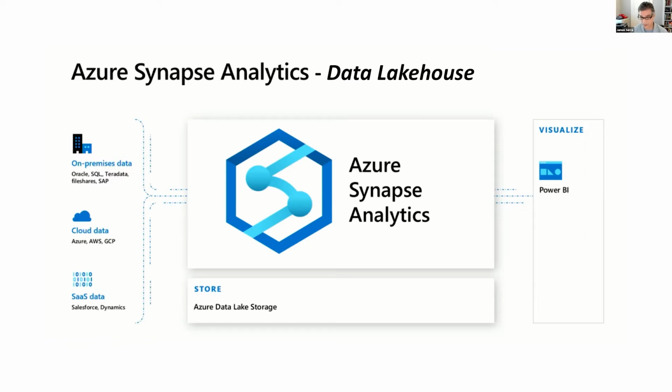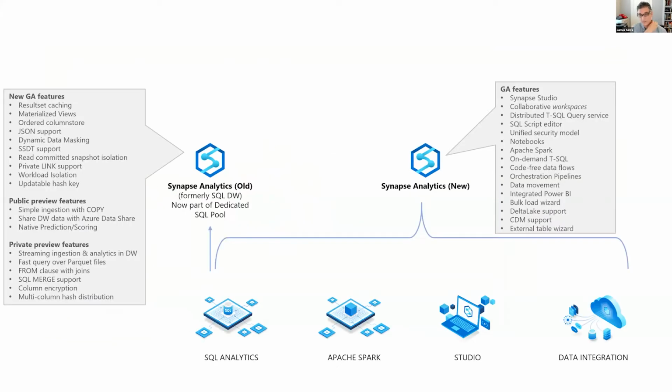Some of the confusion was that Microsoft had this product called SQL Data Warehouse that was around for a long time, being a relational database that had a number of features that it kept adding to it. You can see these on the left. There are features that are recently GA'd and in public and private preview.